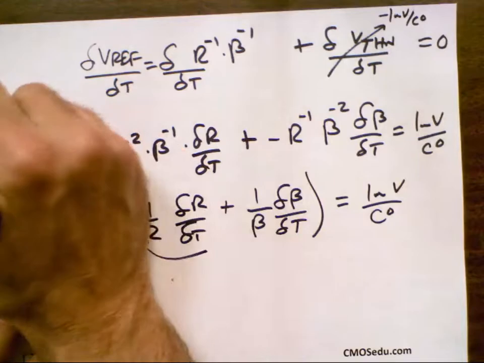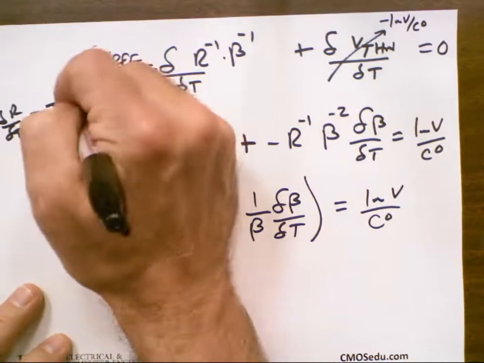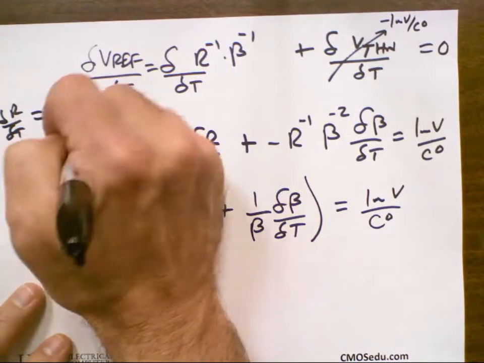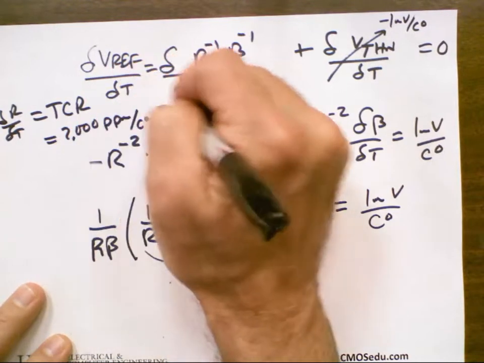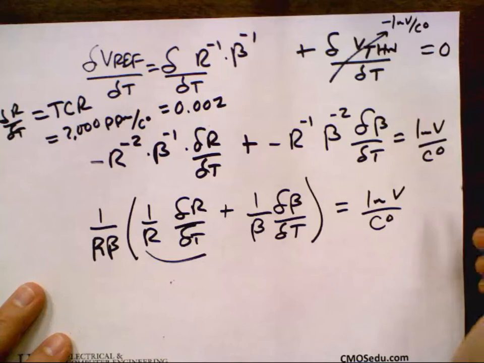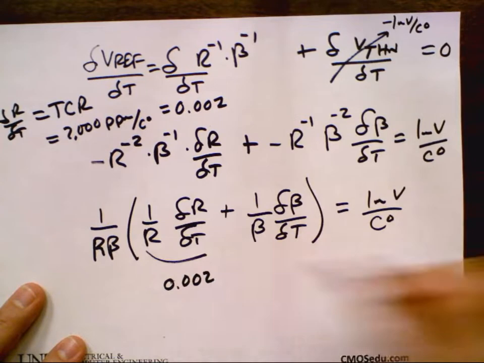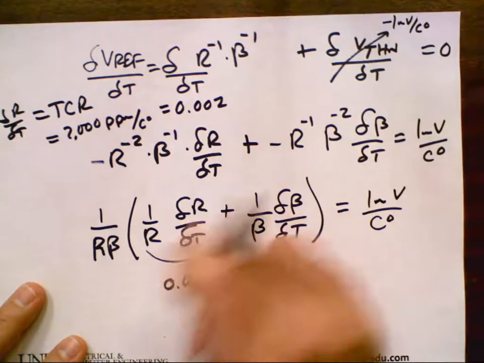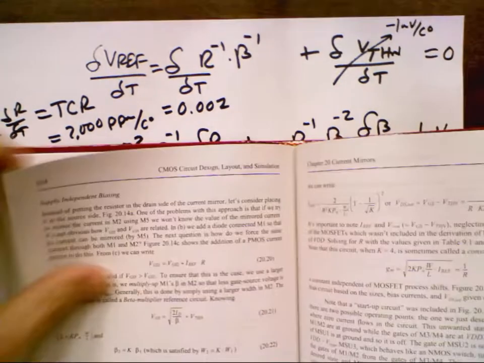So 1 over R del R del T is equal to the Tc of the resistor, which is 2,000 parts per million per degree C, which is 0.002. So this is 0.002, this term right here.